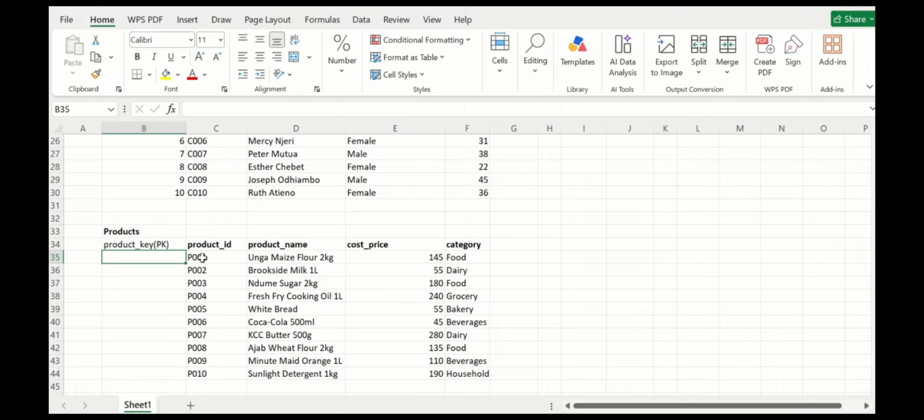So for product P001, we can make it represented by 1, 2 for P002.